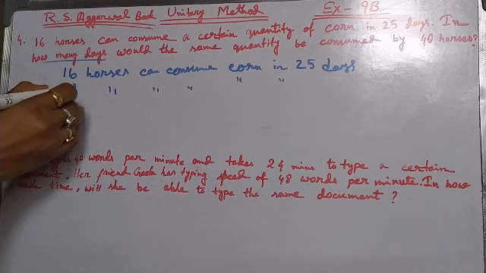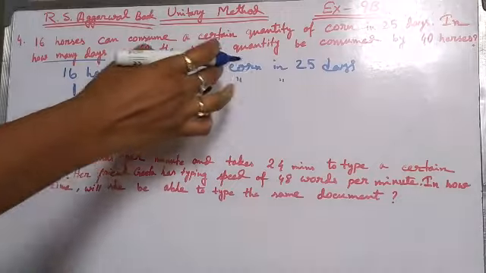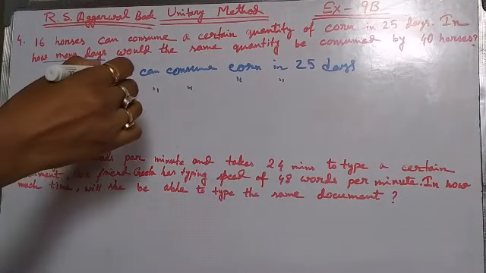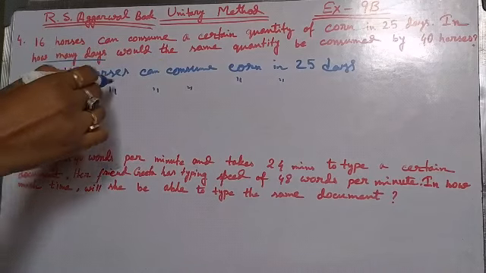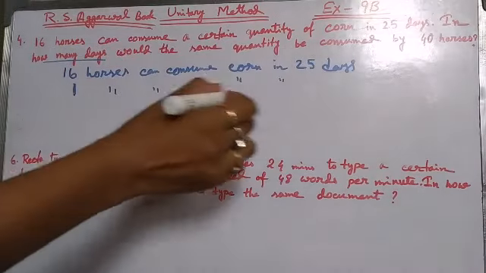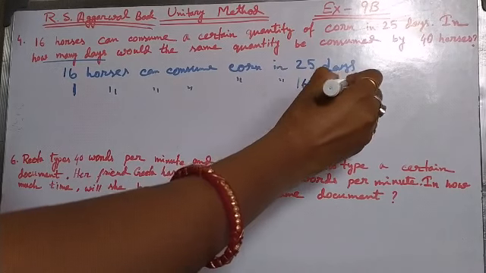Corn is actually the food of the horses, so that food can be consumed by 16 horses in 25 days, but one horse will take more days, so it will be multiplied.